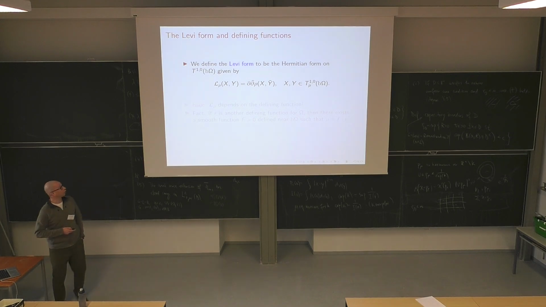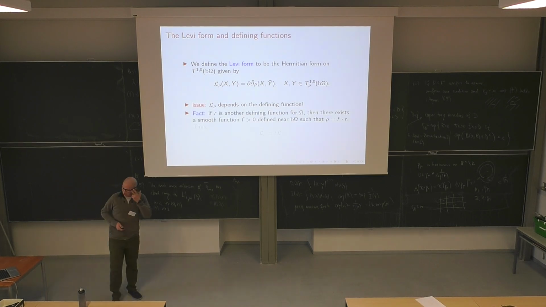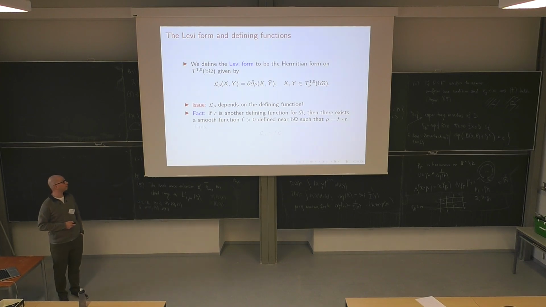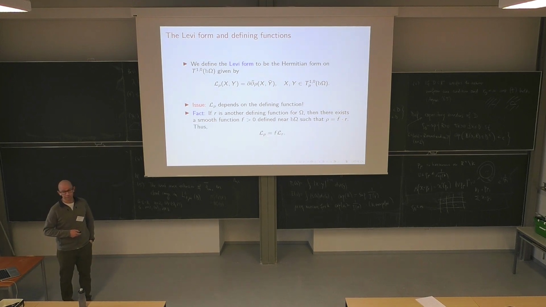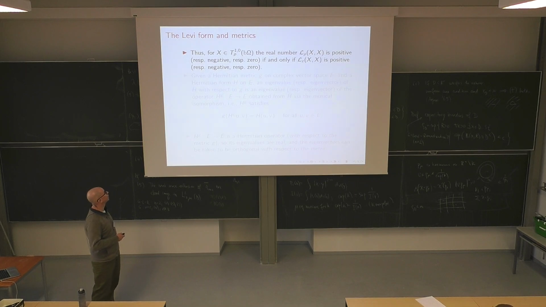But with this formulation, certainly L_ρ depends on the defining function. On the other hand, if R is another defining function, then there is a smooth positive function f defined near the boundary so that ρ is just f times R, in which case L_ρ is just f times the Levi form with respect to R. What does this mean?